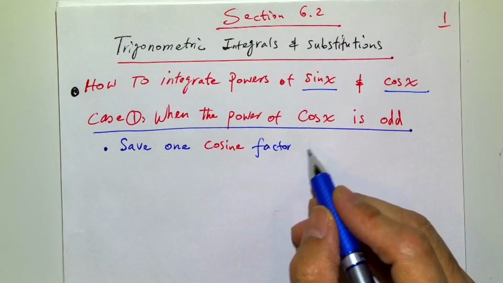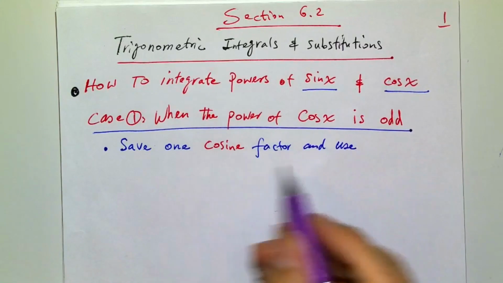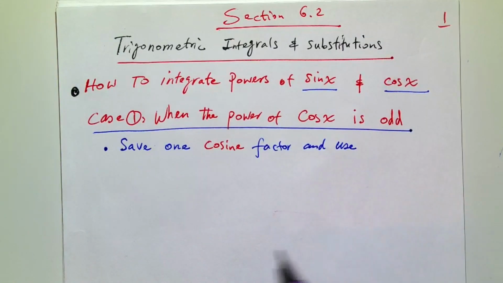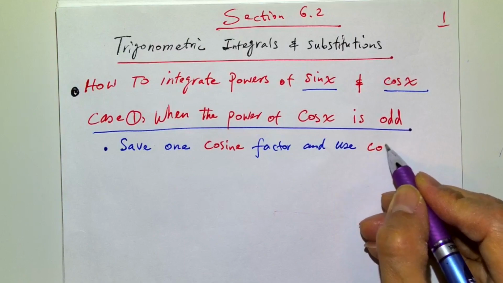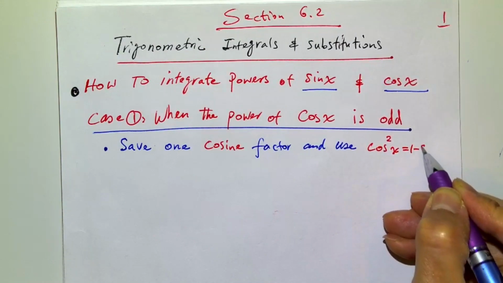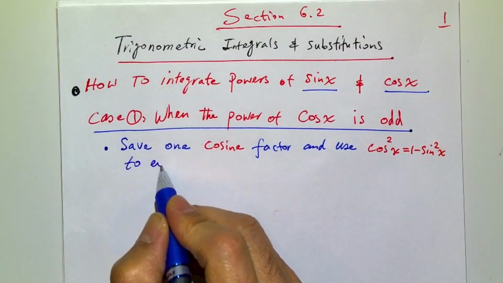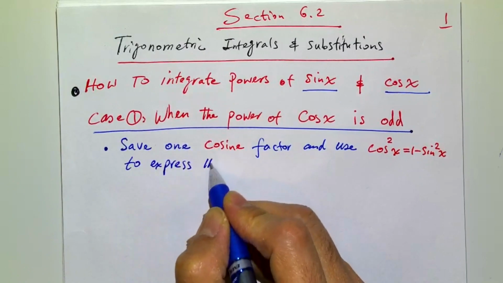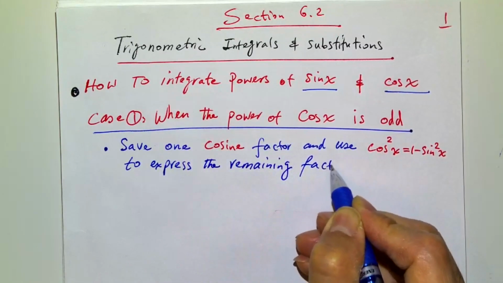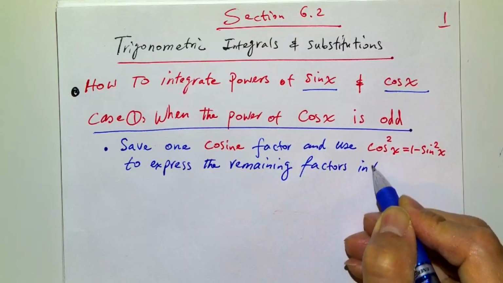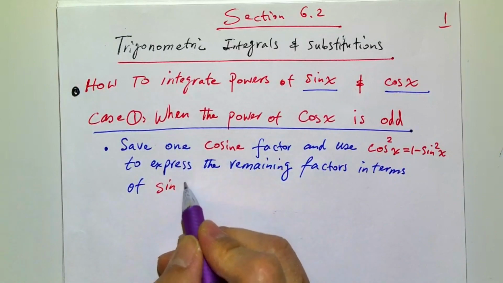Save one cosine factor and use one of the squared trigonometric identities that we learned back in trigonometry: cosine squared x equals 1 minus sine squared x, in terms of sine x.